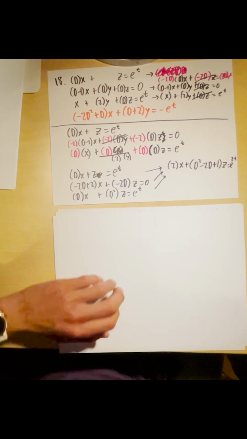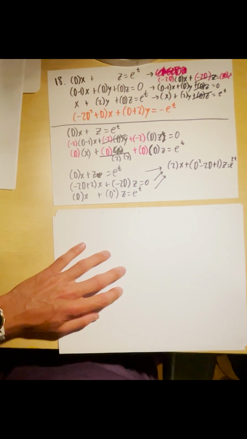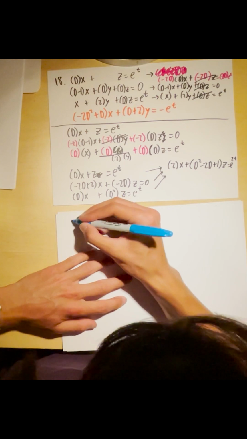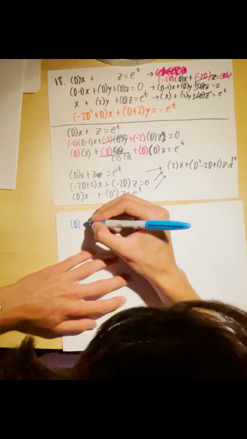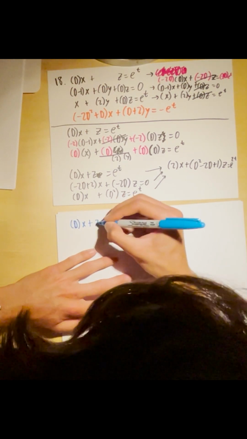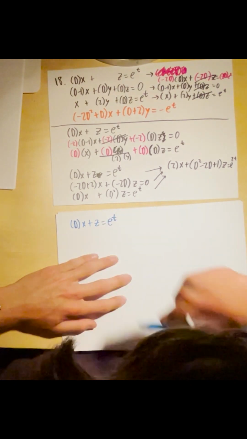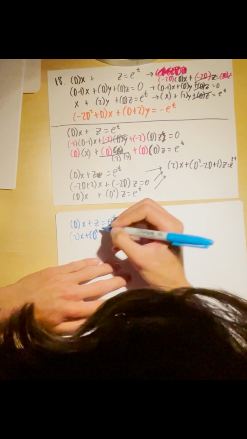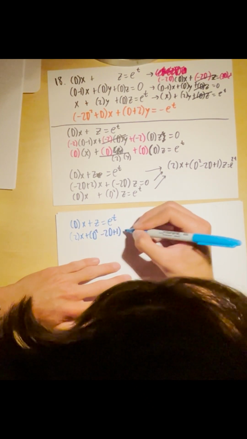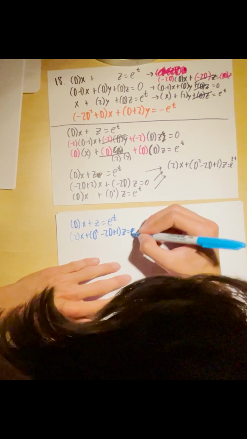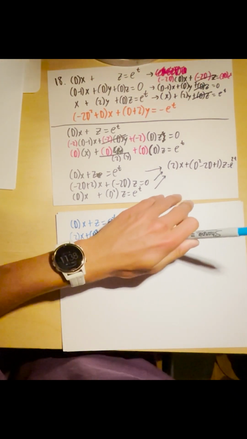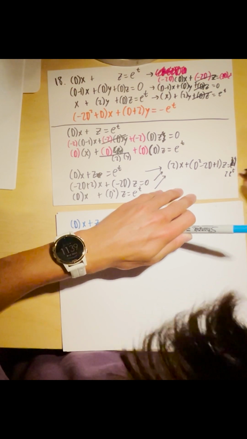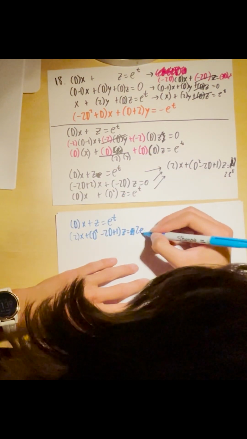So I'll rewrite in this color. The bottom one is, and this is not e to the 2t. This is 2e to the t. 2e to the t.